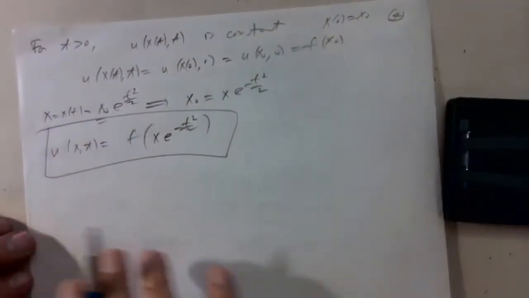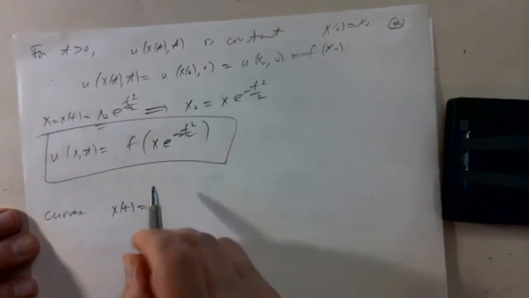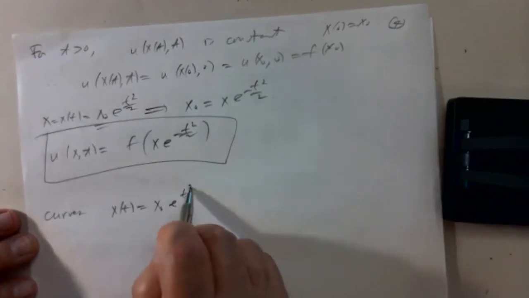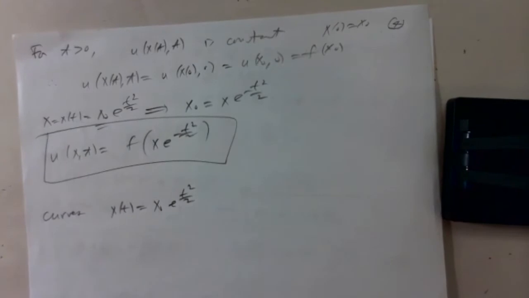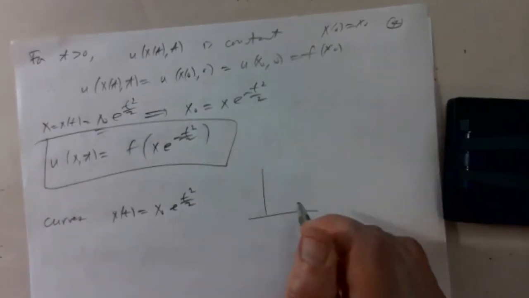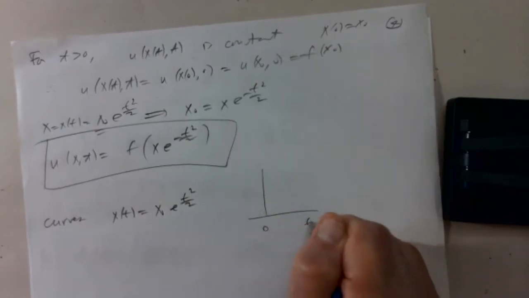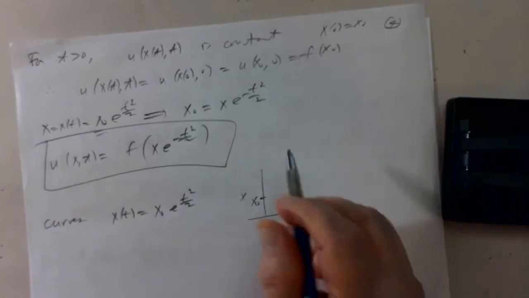So recall we had these curves, x of t equals x naught e to the t squared over 2. And this curve, what does this curve look like? At 0, it's equal to x naught.